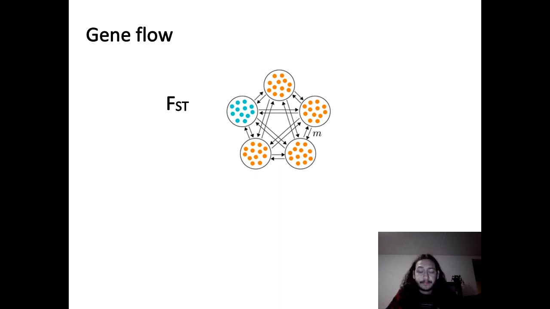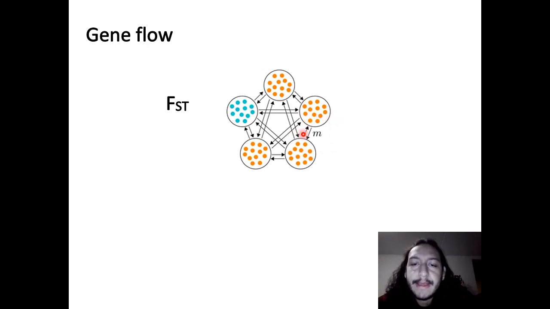So there are different scenarios in which you can represent gene flow between populations. For example, this is a meta-population level where migration is noted as M, and you can see here that there is gene flow among all of these different populations, and then you can probably vary the rate of migration M. So when there is less migration, these populations are going to be more different because they are evolving separately.